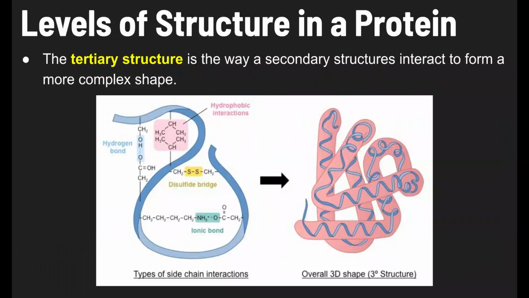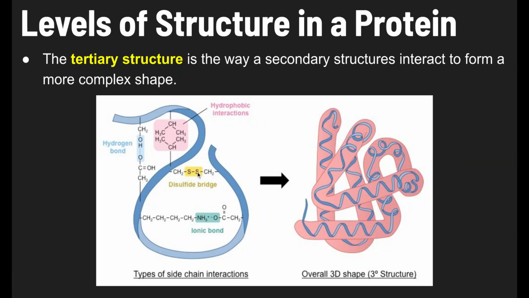The tertiary structure is the way that those secondary structures interact to form a more complex shape. And specifically here, what ends up giving the protein its tertiary structure is largely the interaction of the R groups. So that's what you're seeing here on the left.